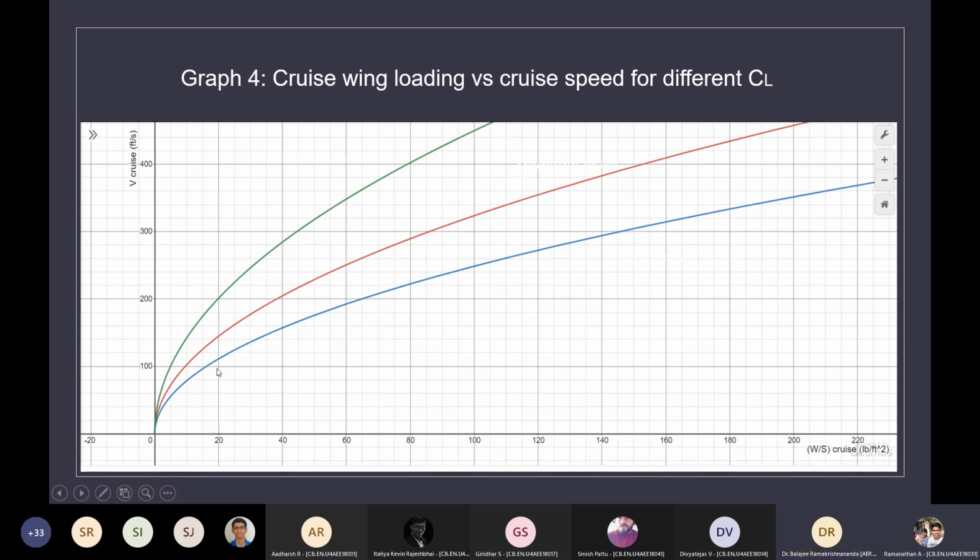Okay. So that maximum value which came out to be 1.67 corresponds to this blue curve, and the 0.51 CL corresponds to this green curve. And I've taken an optimum condition where our CD is 0.012 and aspect ratio is 25 and E is 0.85. So for that CL, we have got this red color graph.